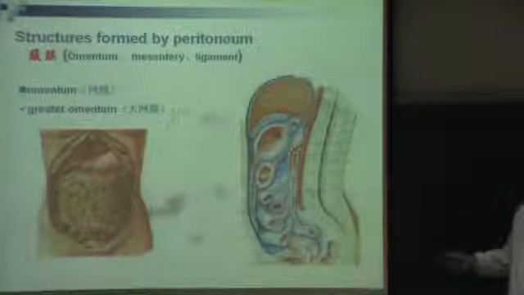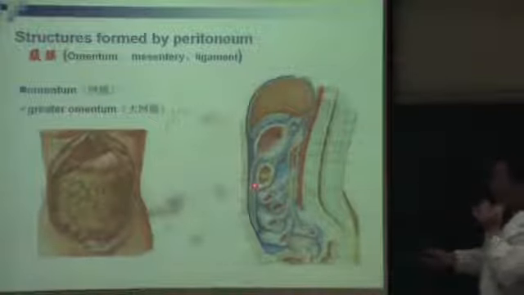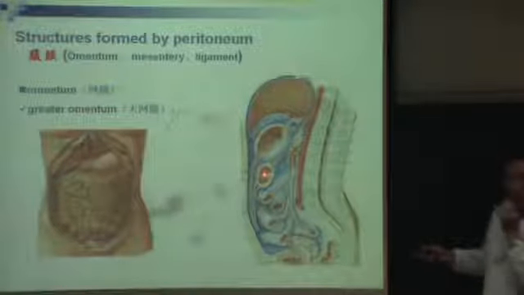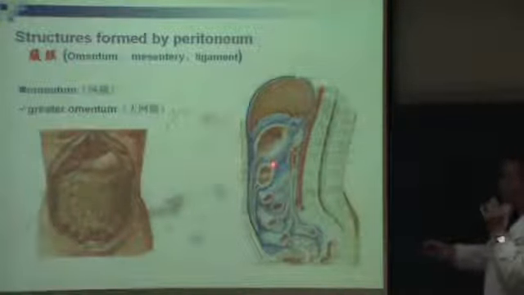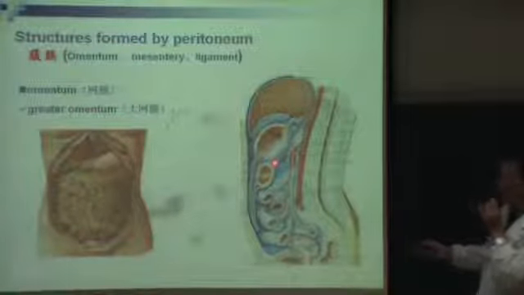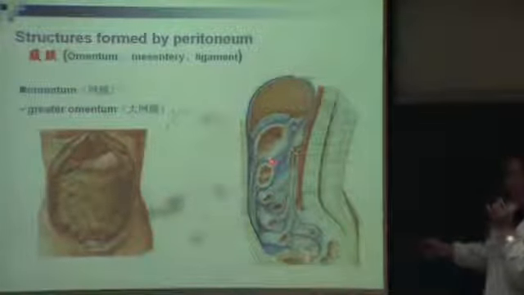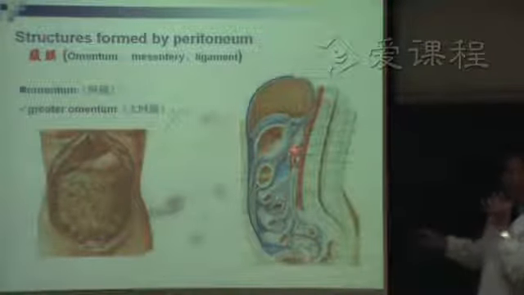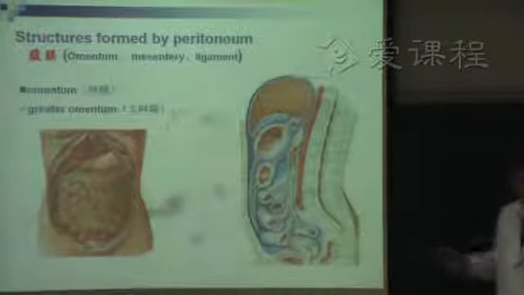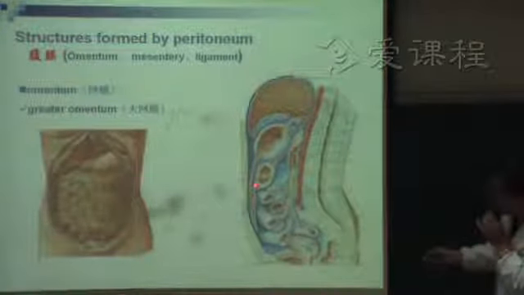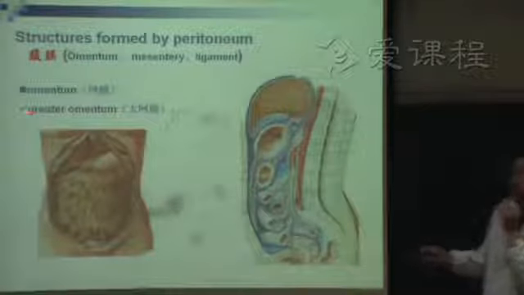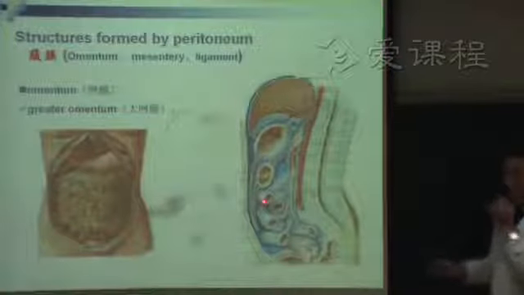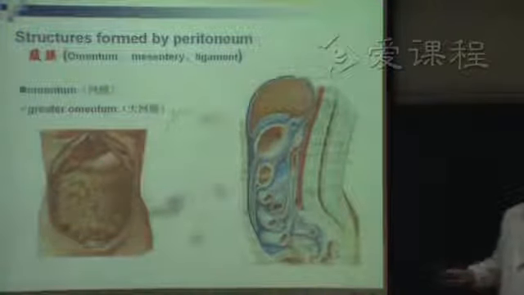This is the transverse colon, and its anterior and posterior aspects close to the superior posterior margin, and then meet together again to form a mesentery, and then to the posterior wall of the abdomen. This part is the greater omentum. It consists of 1, 2, 3, 4 layers. Can you understand this?